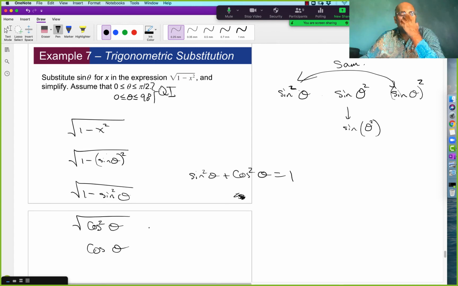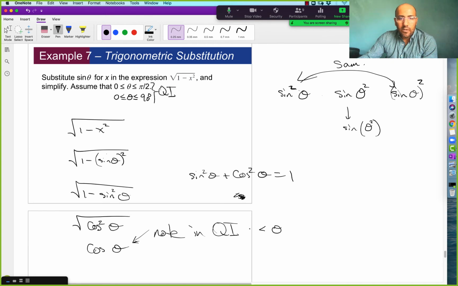And so the whole thing just equals cosine of theta. And notice that this is going to be okay because of the output of cosine of theta in quadrant 1. Note that in quadrant 1, theta is trapped between 0 and pi over 2.